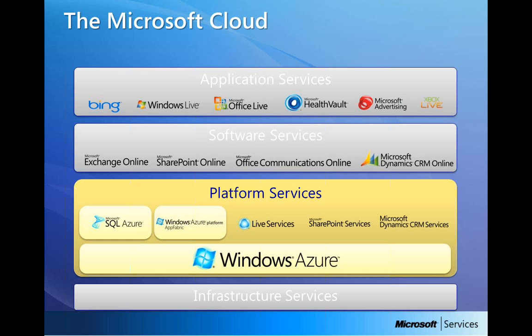Just above this platform services, you will find software as a service. Now, software as a service is a business model. It actually provides access to application software and databases. Cloud providers manage the infrastructure and platforms on which your application is running.